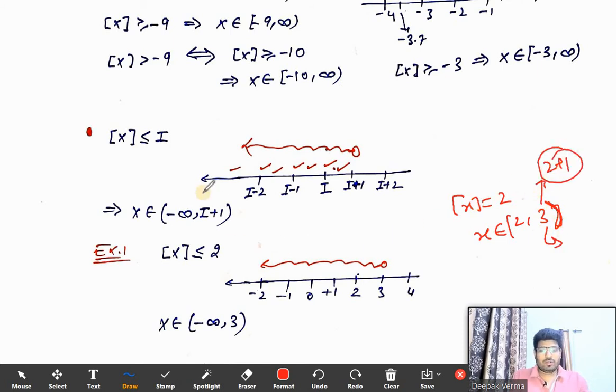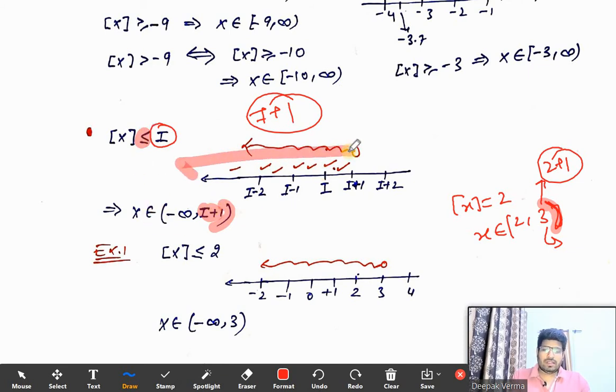So in this case, if we have I, on the right-hand side we will get I plus 1. That's what is written over here, I plus 1, and with I plus 1 put an open bracket. Here also we have an open bracket. Then since we have the sign of less than, move towards the left. I hope it is clear.